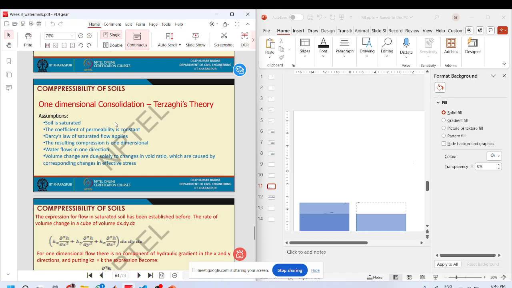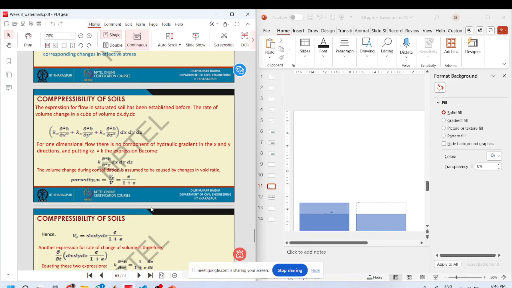So this is Terzaghi's one-dimensional theory. As I was mentioning to you, you have a partial differential equation. This is the spatial description of your flow, in which you have different permeability in X, Y, and Z directions.